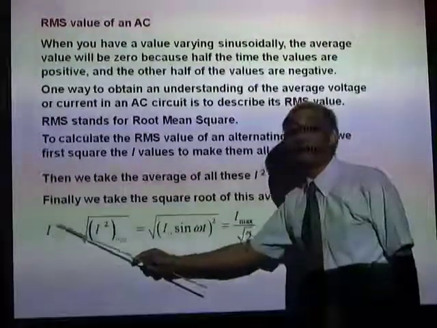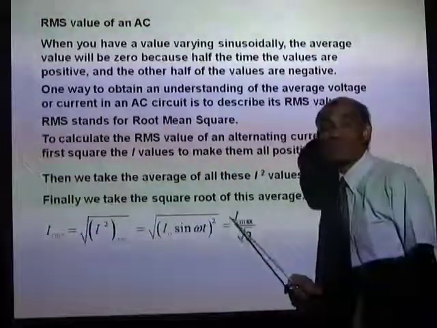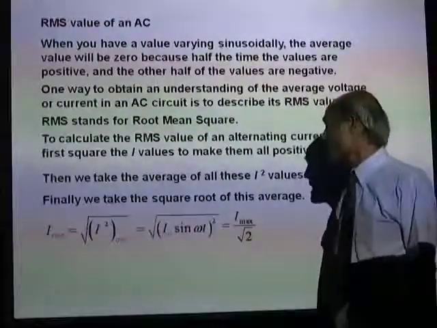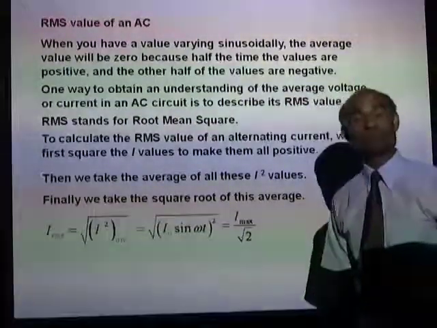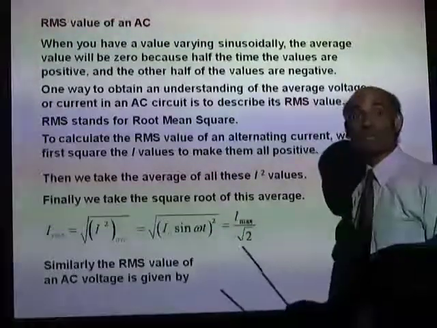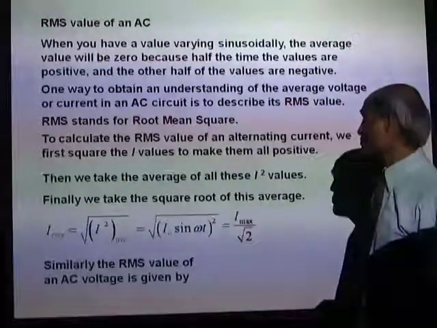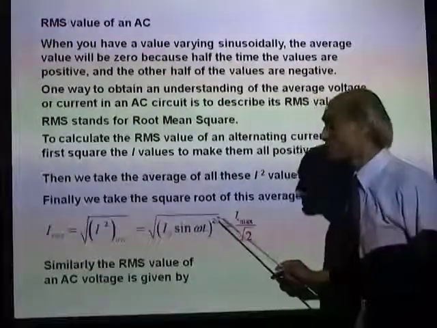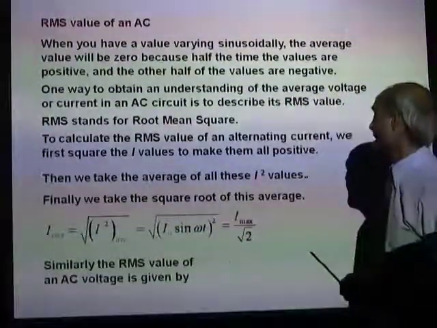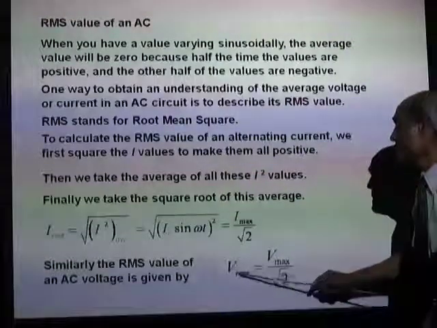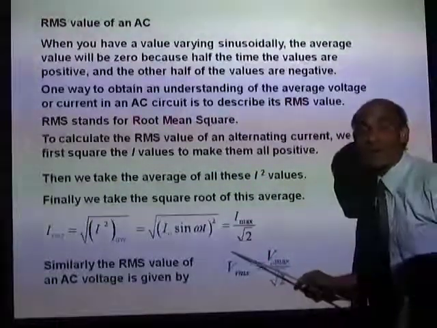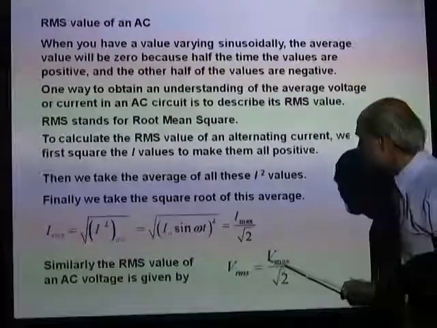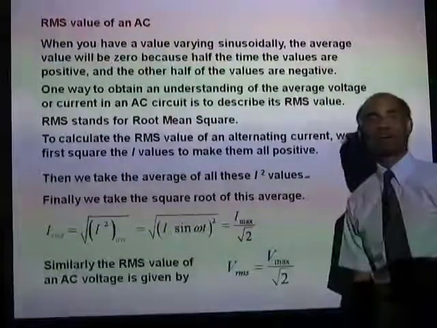The RMS value of the current is related to the maximum current as I RMS equal to I max divided by square root 2. In the same way, the EMF is also related as E RMS equal to E max divided by square root 2. So V RMS, or the RMS value of the voltage, is V max, the maximum value of the voltage, divided by square root of 2.